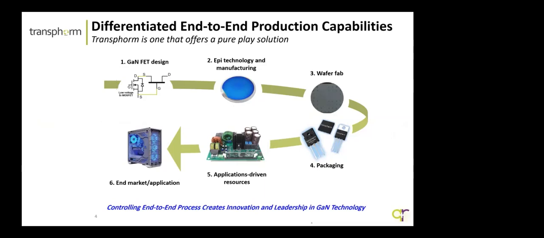So in order to give our customers the best performance, quality, and reliability, we have the ability to adjust three knobs: either the design, the EPI, or the process. Even though we don't do our own packaging, we do have a lot of patents and patent technology wrapped around our packaging, and all of our applications are done internally for our end markets.